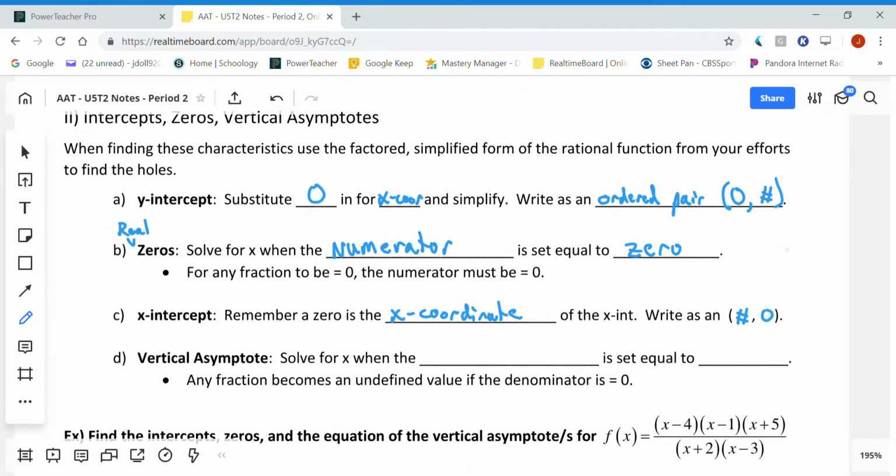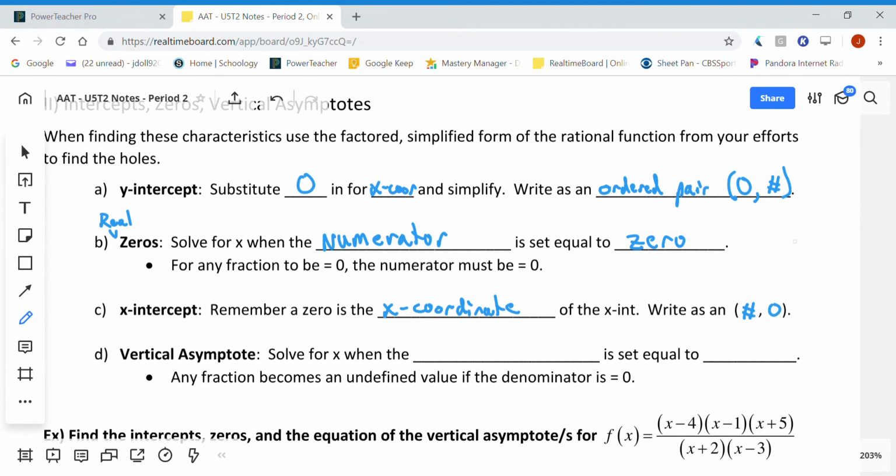When we are looking for zeros, we do not care about the denominator. The denominator has absolutely nothing to do with finding zeros. Only the numerator is finding zeros. So we set the numerator equal to 0 to find the real zeros of our function there.